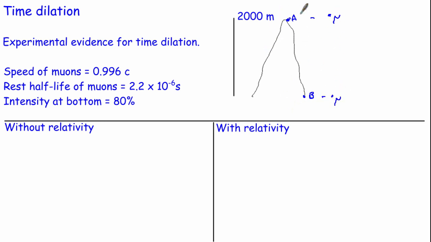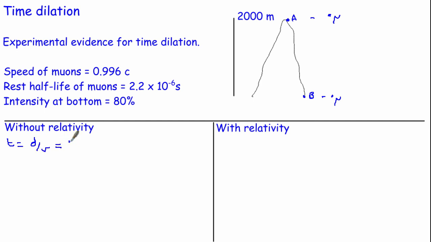So we're going to do this without relativity and with it. And basically what we're going to try and do is work out the intensity of the muons at the bottom compared to the top. So we're going to start off by, first of all, working out the time it takes for the muons to go from here to here. And we're going to do it without any relativity at all. So the time it takes to go from there to there, time is just the distance divided by the speed.